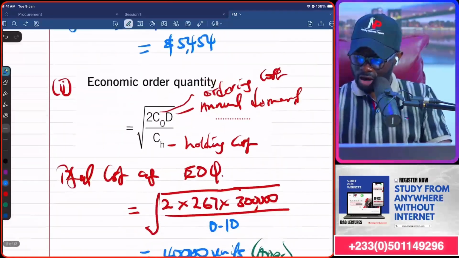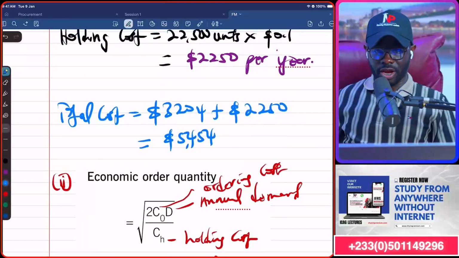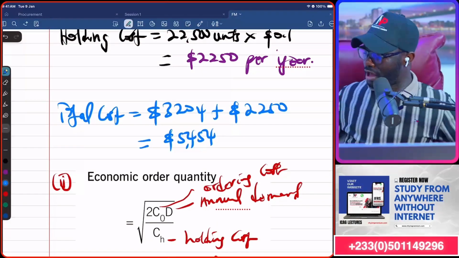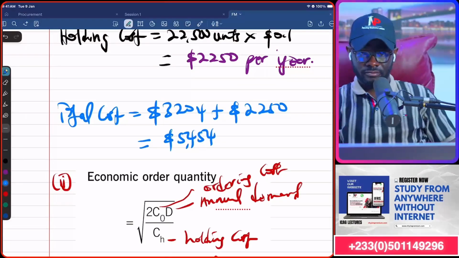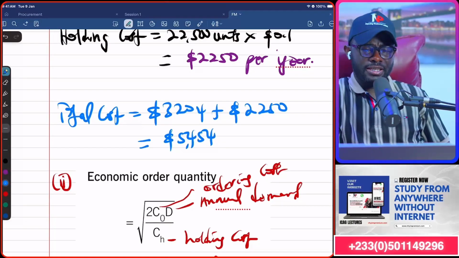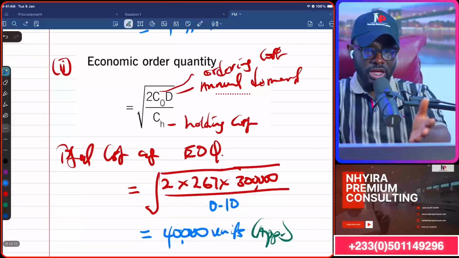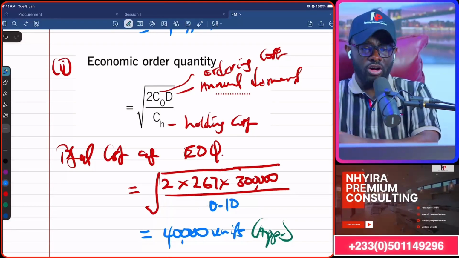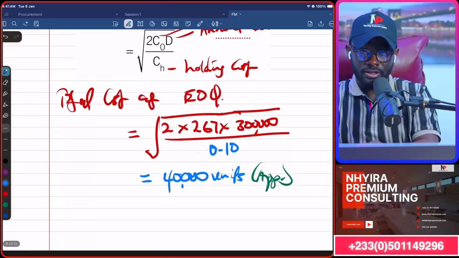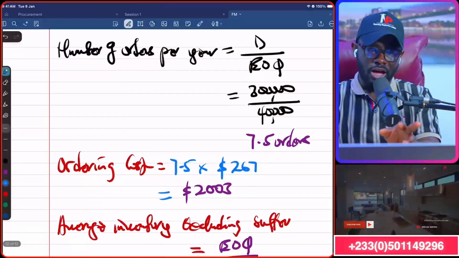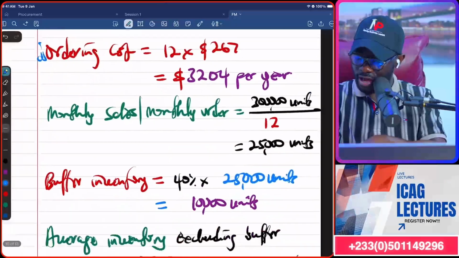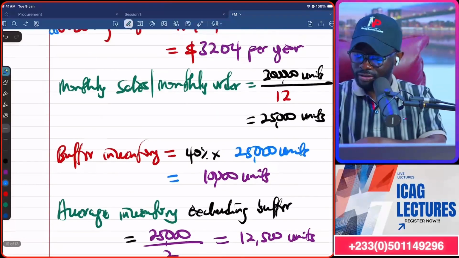If we go with our normal ordering, then our total cost will be 5,450. So in that case, it is better to do the economic order quantity. All right, so that every time we are ordering, you order 40,000 units. That way, you are going to order only 7.5 times in a year, as compared to ordering every month, okay?